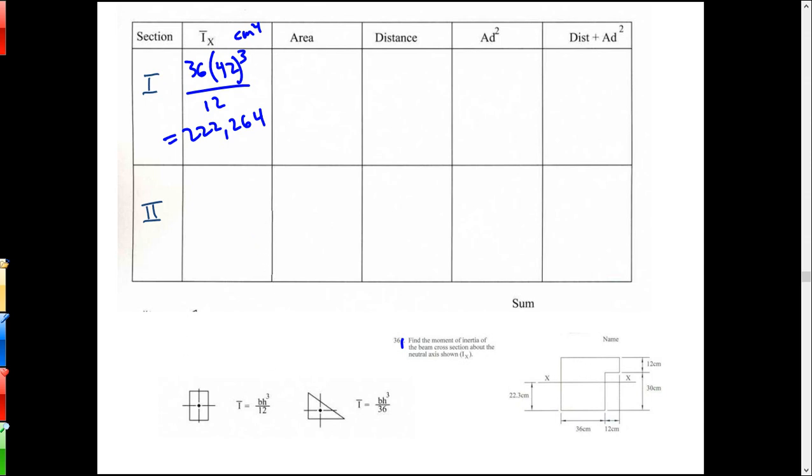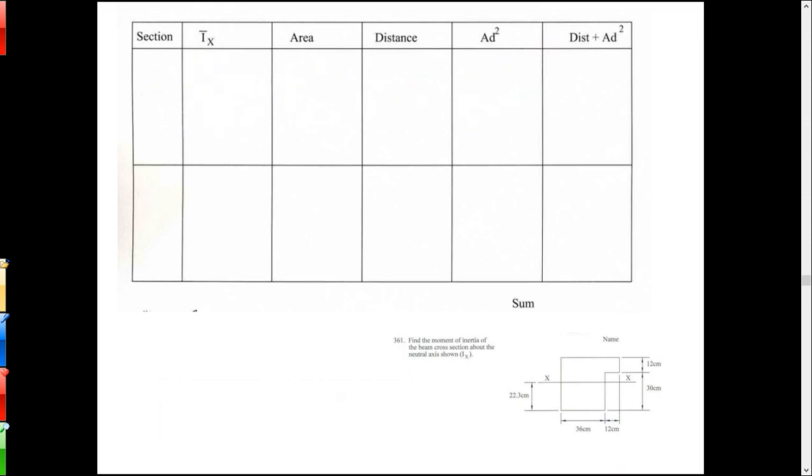Okay, so bh cubed over 12, and then you got the area, the 1512, and then you got the distance. It's 1.3. It's actually negative, but as we've mentioned before, it doesn't make any difference. So then you just do AD squared, and you'll get 2,555, and then you just add them up.